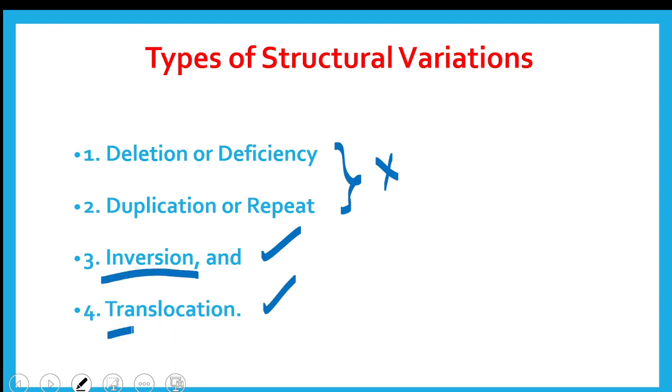So inversion and translocation among many are said to be significant in evolution. Why? They are involved in the formation of a new species.